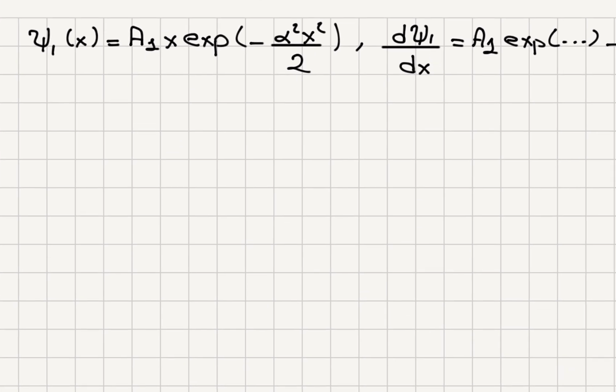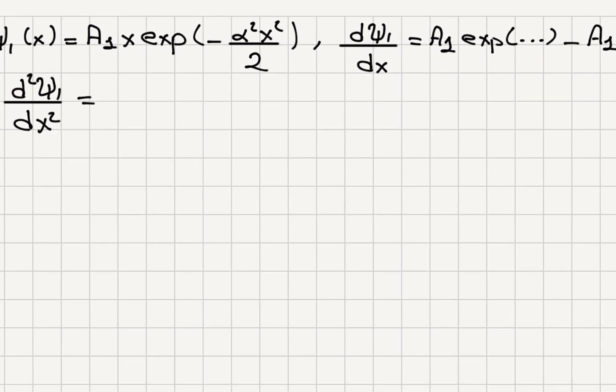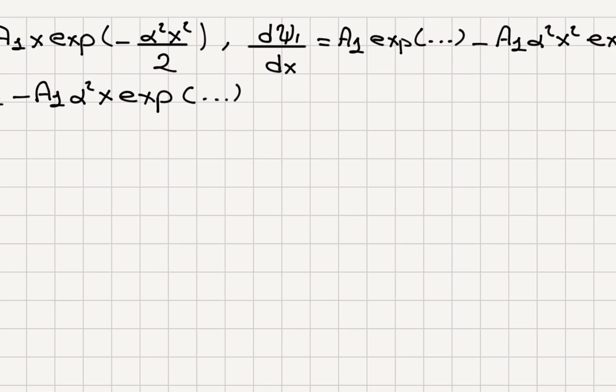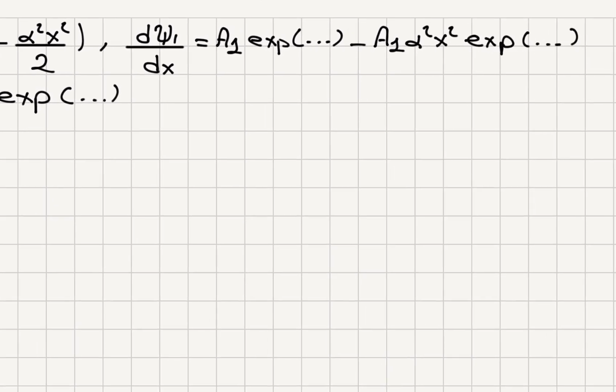Now I need the second derivative, d squared psi1 dx squared. So I look at the first derivative. I see that the first term has the exponential. So I will have minus 2 alpha squared x over 2, minus alpha squared x multiplied with a1, minus a1 alpha squared x times the exponential. The second term, first I take the derivative of alpha squared x squared, which is 2 alpha squared x.